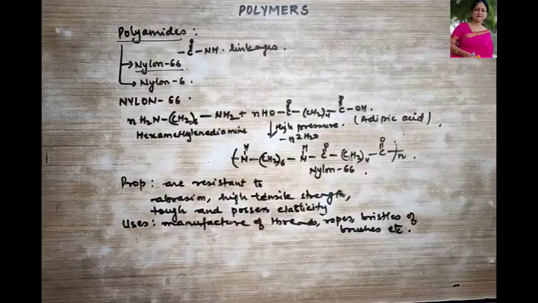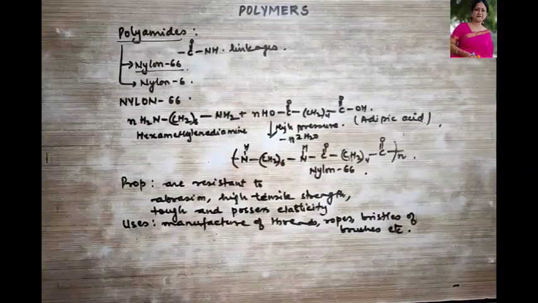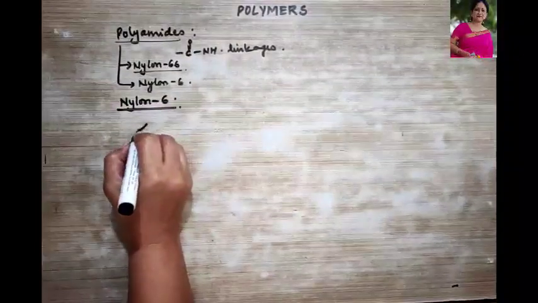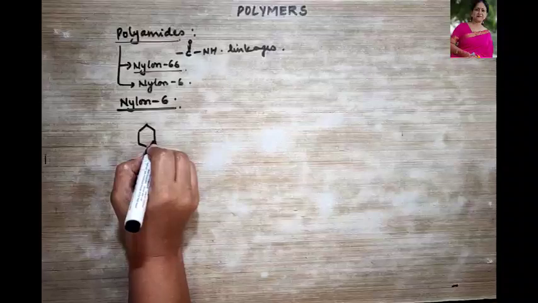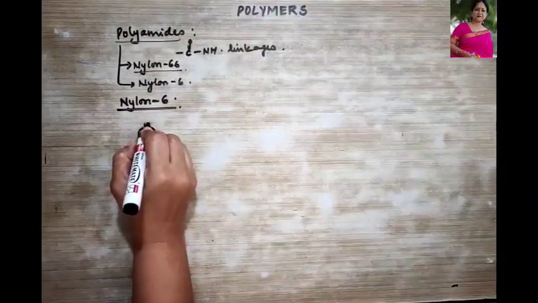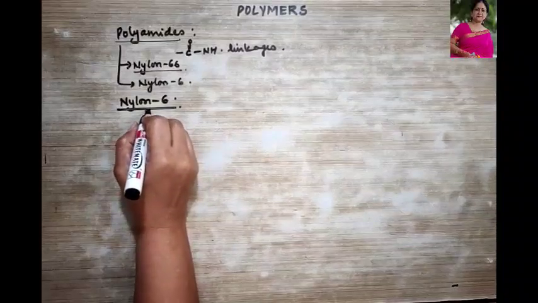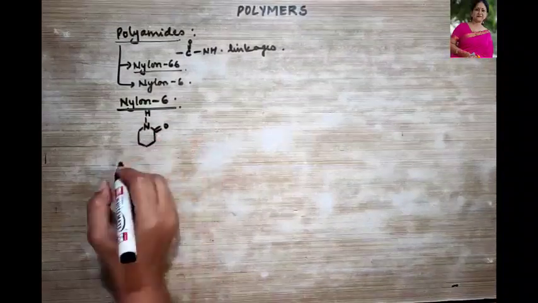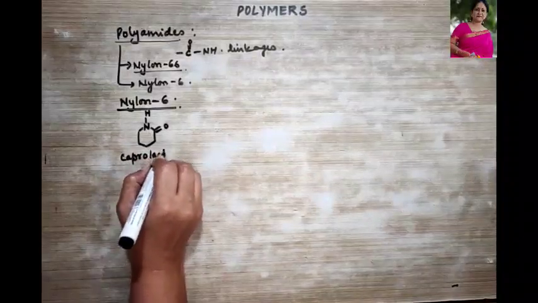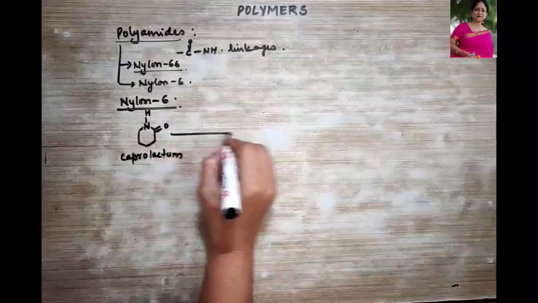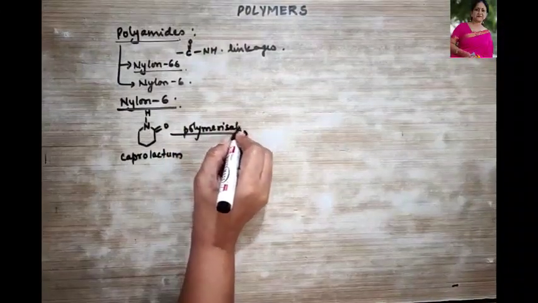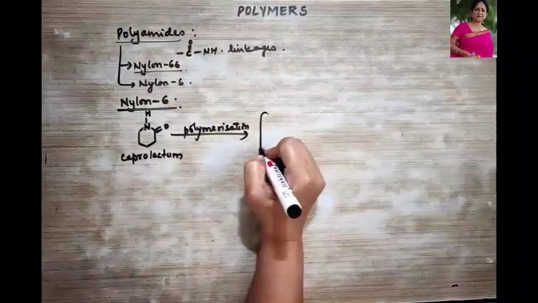And the last one for today, let us do nylon 6. This is prepared by the polymerization of caprolactam. What is caprolactam? Look at the figure. This is called caprolactam. On polymerization, what does it form?